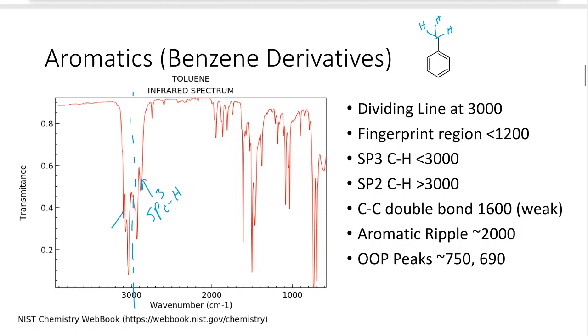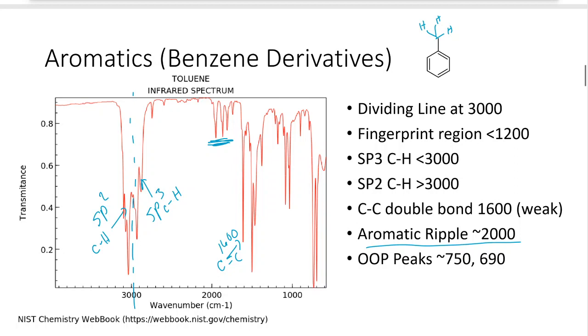Just above 3000, we have the sp2 hybridized CH stretch. And then we also have at 1600 a carbon-carbon double bond stretch. And another thing that's characteristic for an aromatic ring is what's called an aromatic ripple, which shows up at around 2100, 2000, just above 2000 there somewhere.